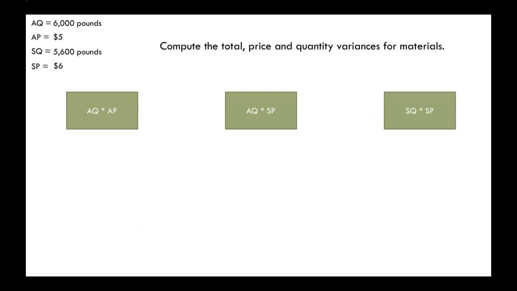So now that we have all of that, and that will stay up in the upper left corner, now we can compute the total price and quantity variances for materials. You'll notice I have these three boxes set up. I have AQ times AP, AQ times SP, and SQ times SP.